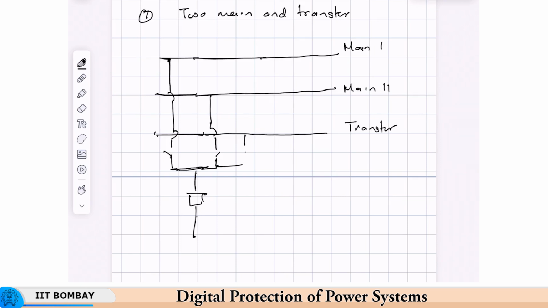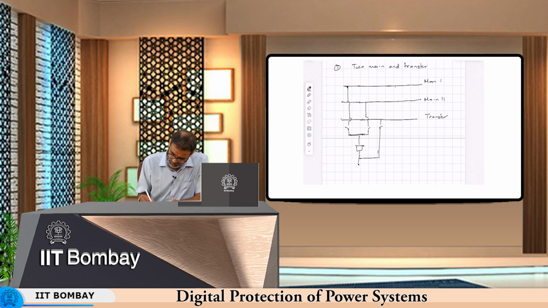And there will be one more connection here to the transfer bus. This is correct. And then there will be a bus coupler, of course, which is connecting the two main buses. In addition to that, there will be a transfer breaker also.